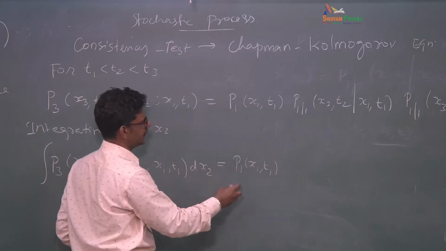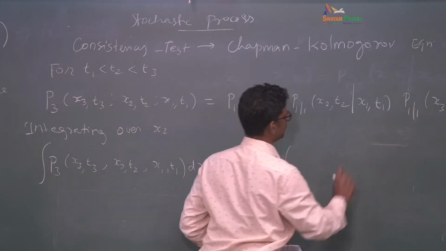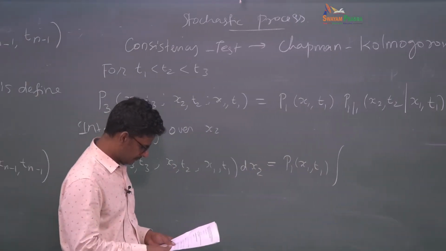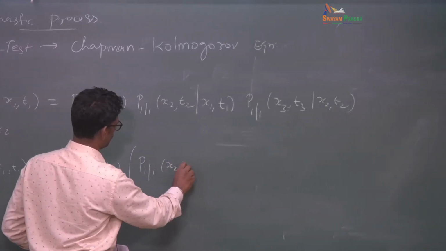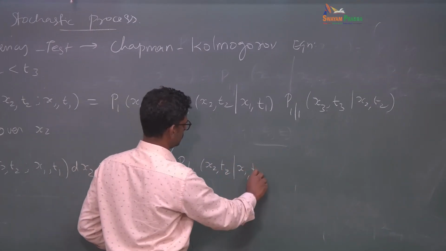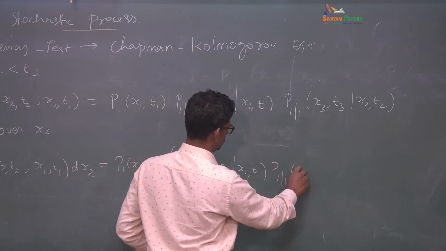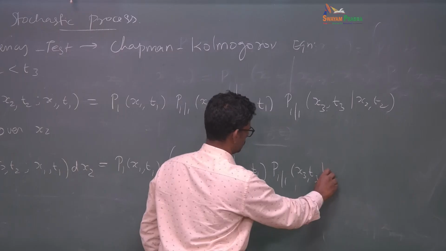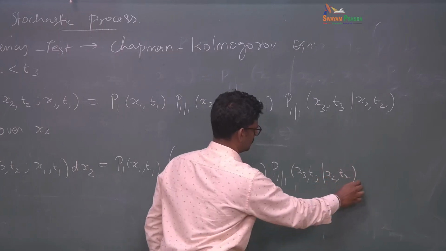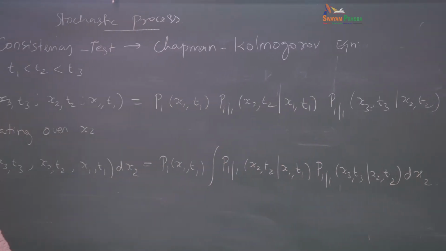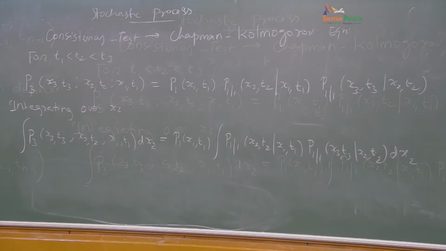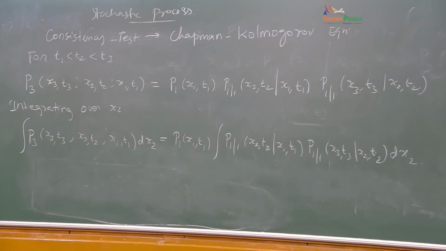This can be taken out of the integral, whereas these two will become inside the integral. And then you can bring this down.